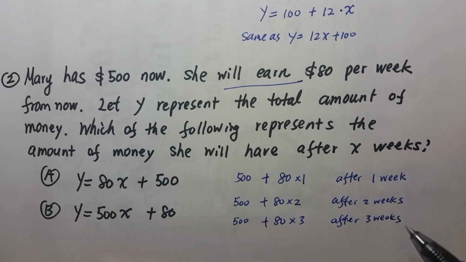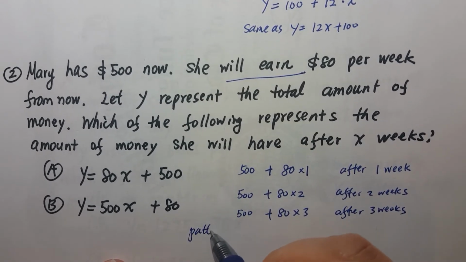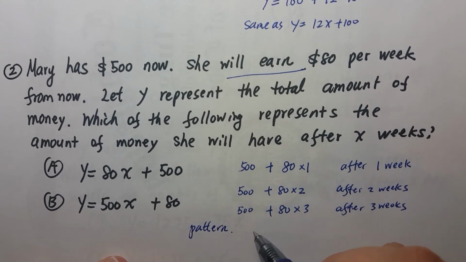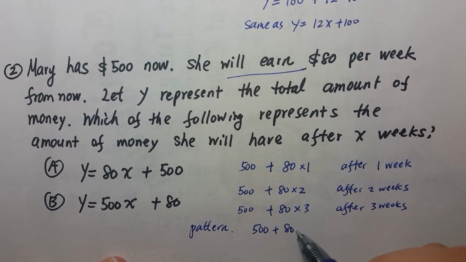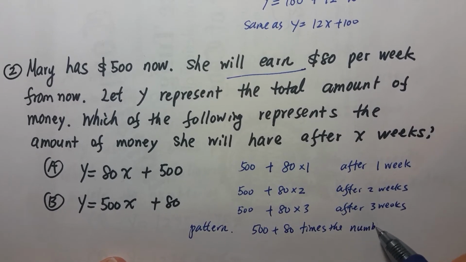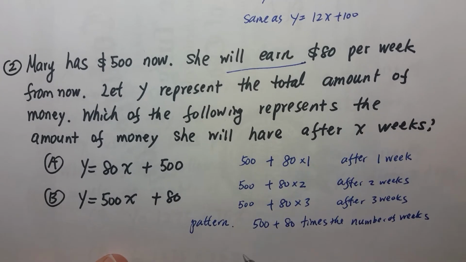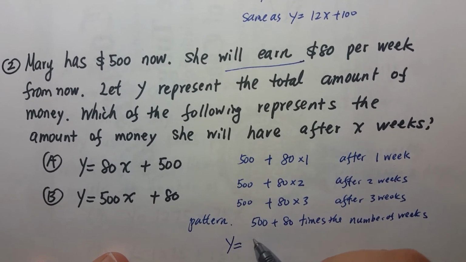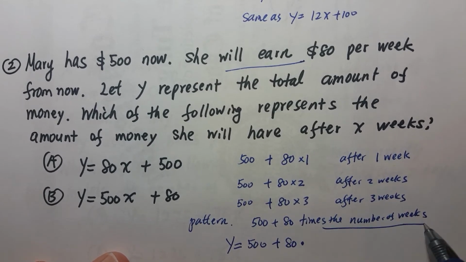So now we found the pattern: 500 plus 80 times the number of weeks. So the equation will be Y equals 500 plus 80 times the number of weeks.